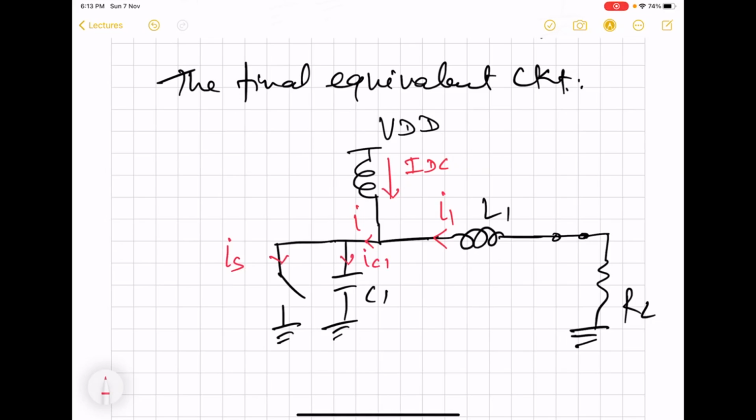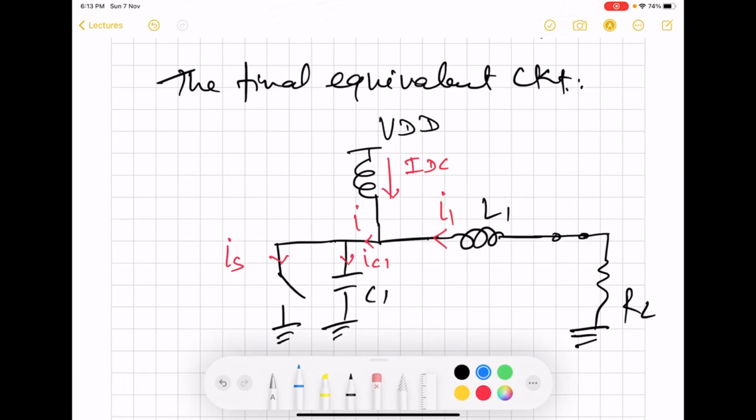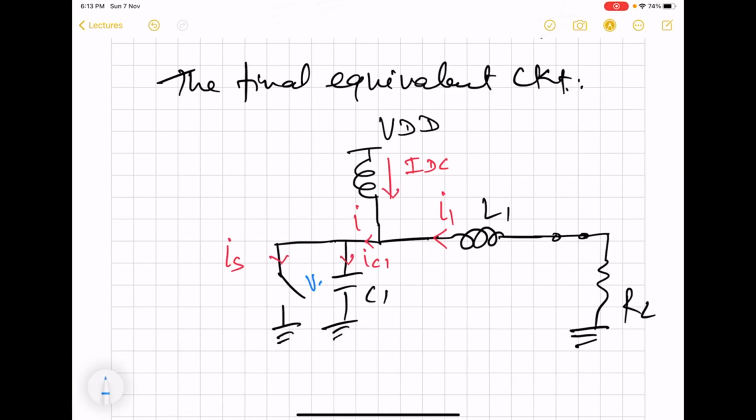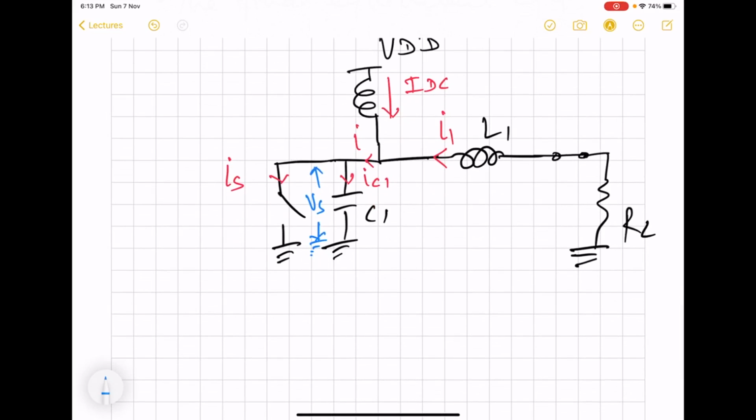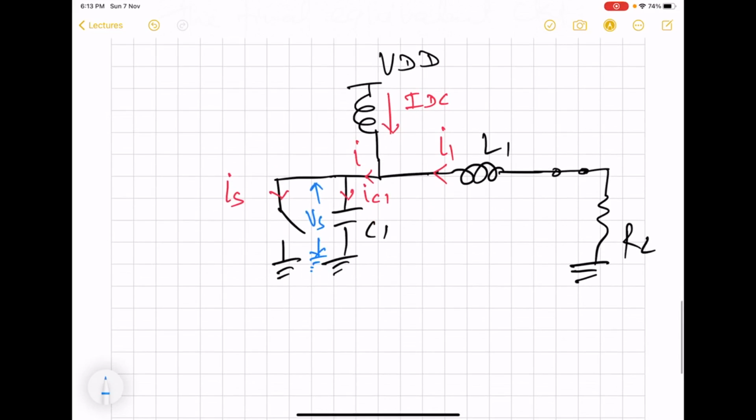So these are the various currents involved in this circuit, and there will be one voltage involved, switch voltage, which will also be the voltage across the capacitor C1. And all of these are going to be time dependent, except of course the IDC. So this is the drain node.